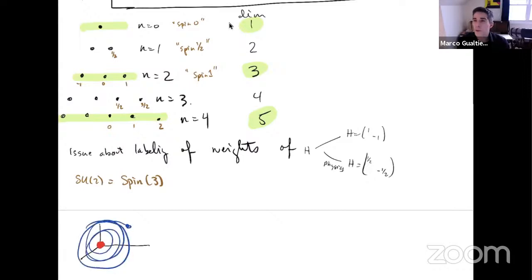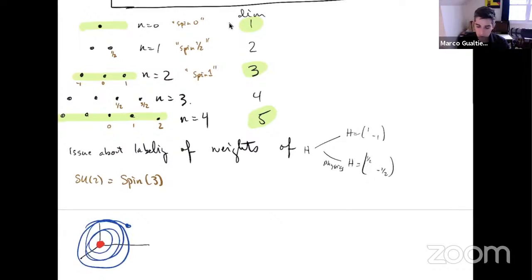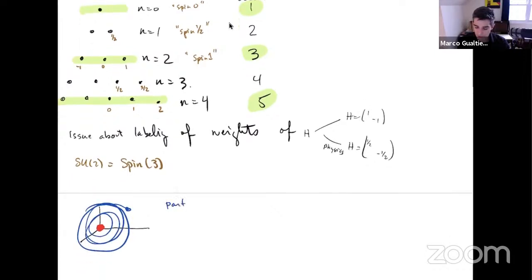So this could be like an electron and a proton. So this is a particle in a 3D central force, for example, the hydrogen atom.